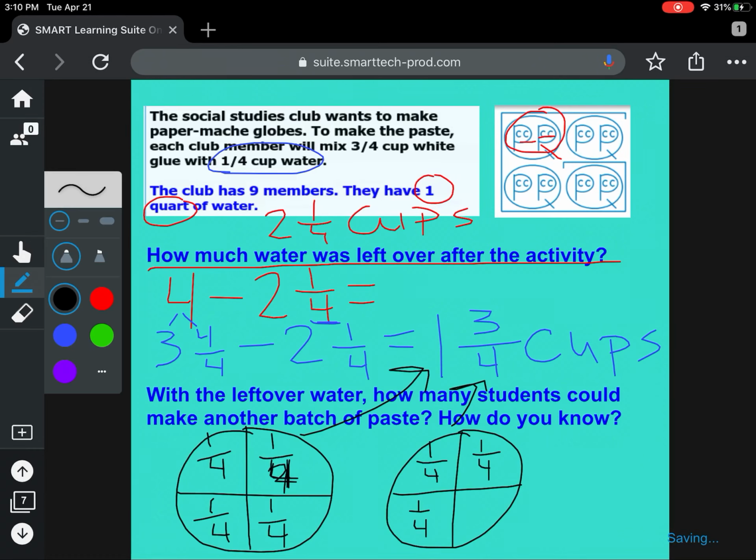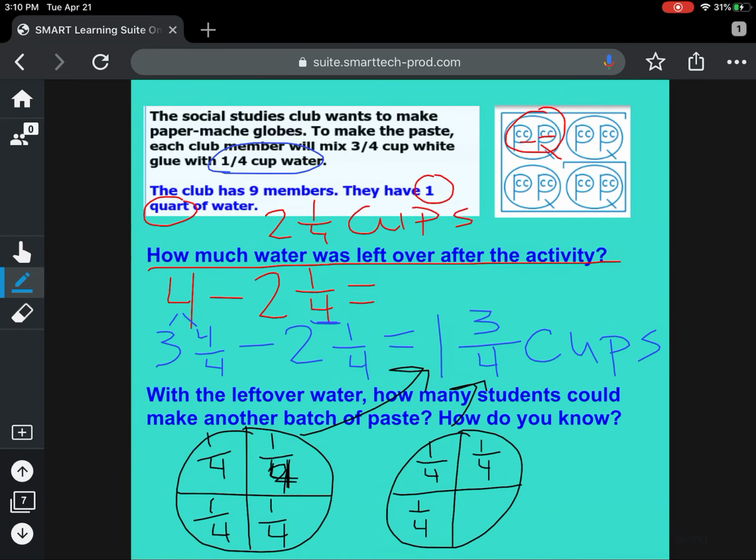So if each fourth represents a student being able to make a batch of this paste, how many students are going to be able to make another globe? Here's 1 student, 2 students, 3 students, 4 students, 5 students, 6 students, and 7 students.